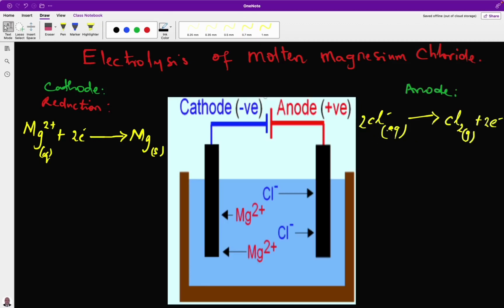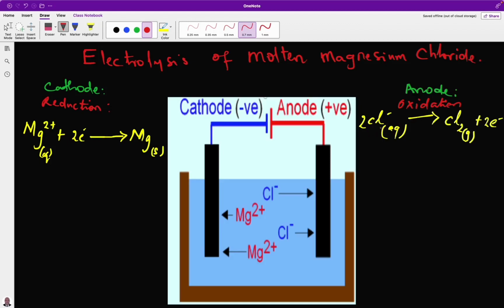So what is happening at the anode is oxidation. Oxidation is taking place at the anode.